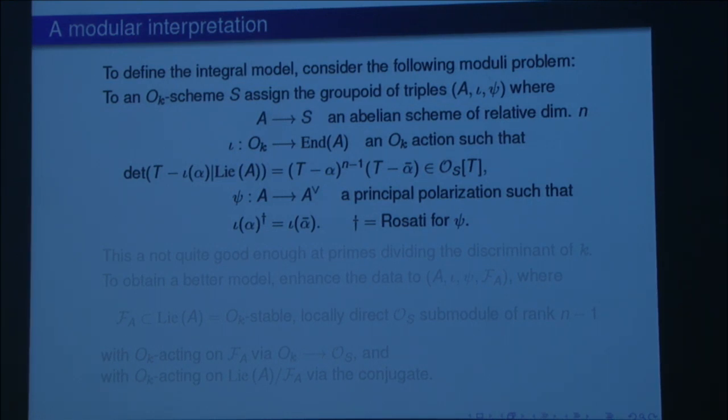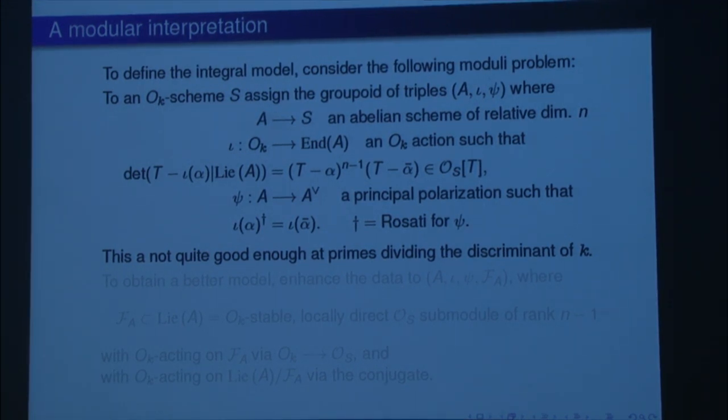Now you can define a moduli scheme this way. So this is representable by some stack, but the problem is that it's not quite good enough at the ramified primes, and so one has to improve it. So I'm going to be slightly too detailed about improving it, but you can just ignore it. I mean, the point somehow is that this guy as it stands is not regular.